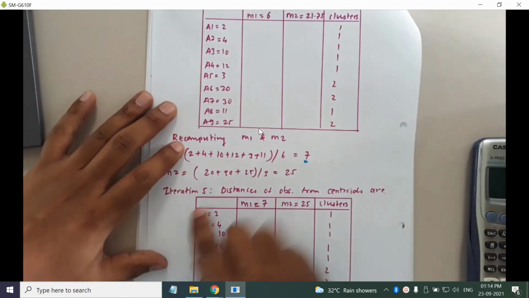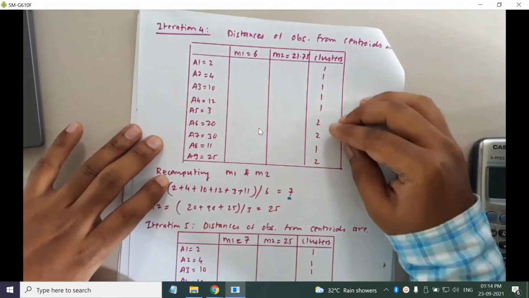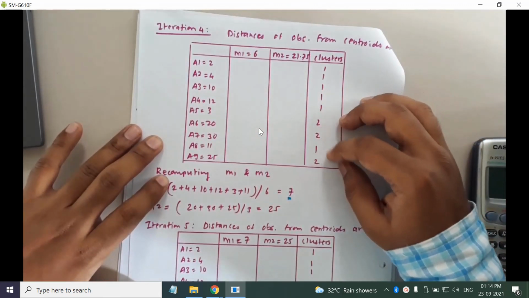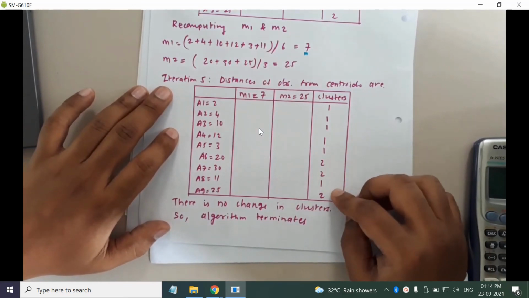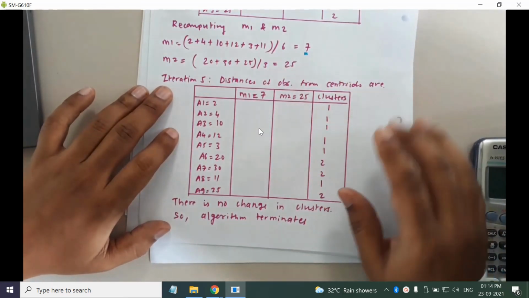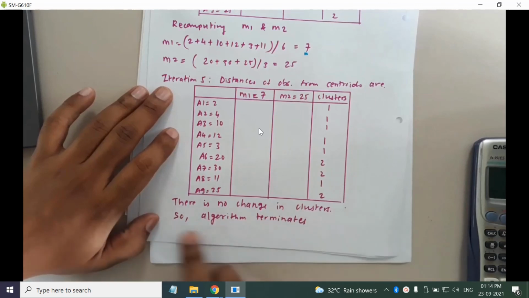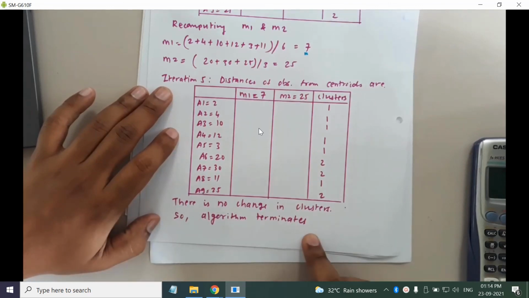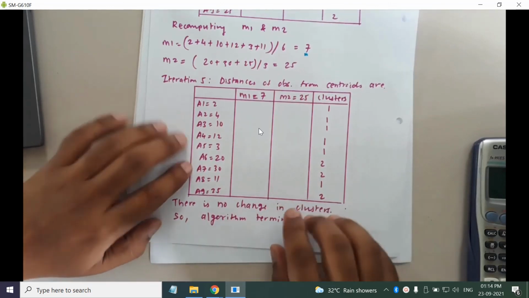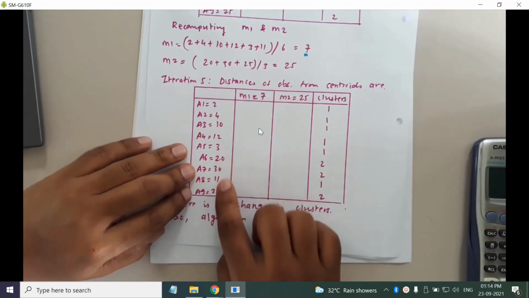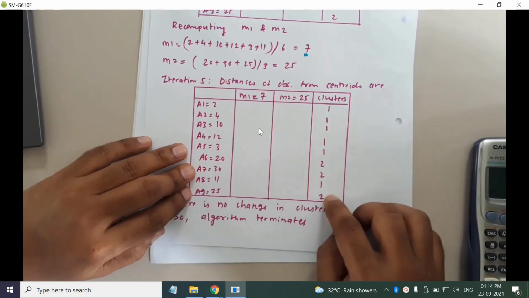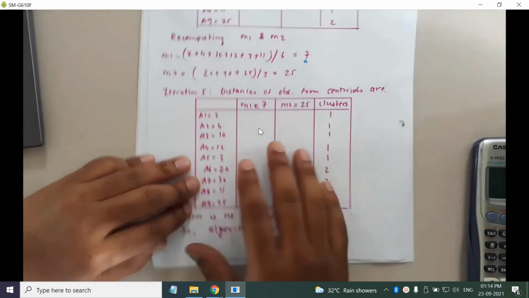If you compare these two iterations, 3 points belong to cluster 2 in iteration 4, and iteration 5 also has 3 points only. There is no change in the clusters, so the algorithm terminates. Now see the picture. A6, A7 and A9 with 20, 30, 25 belong to cluster 2 and the others are in cluster 1.